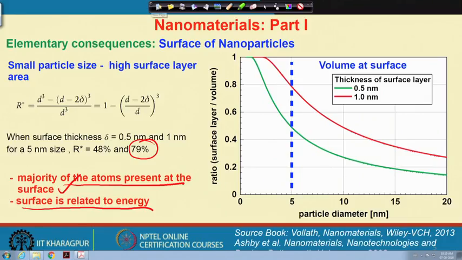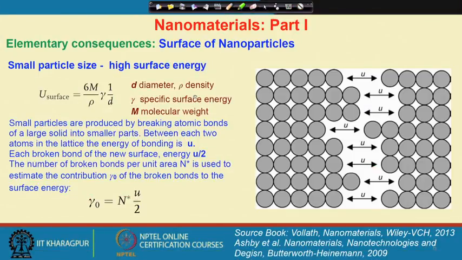Now, let us have a look at what really happens when there is a high amount of surface energy or atoms on the surface. Let us first assume that I have a larger particle and I want to create a nanoparticle. How do we back calculate the surface energy? Think of it this way: I have a bigger particle, and I break it into very teeny pieces.